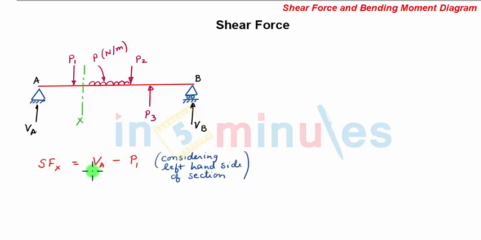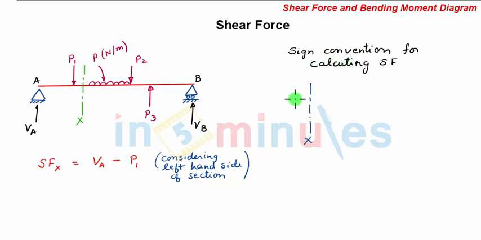Now let's study something about the signs of the forces which we have considered here. Sign convention for calculating shear force: on a particular section X, upward force on the left hand side of the section and downward force on the right hand side of the section are considered as positive shear force.